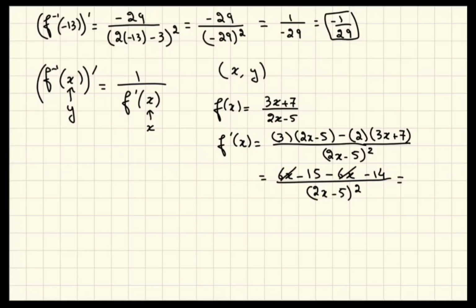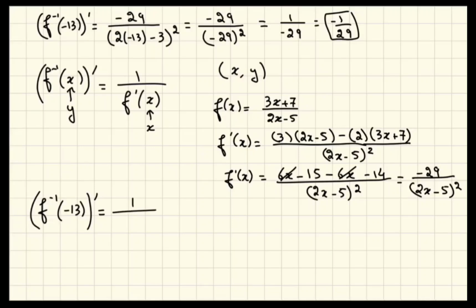Now this and this will cancel, we get minus 29 over 2x minus 5 all squared. So this is the derivative of f.